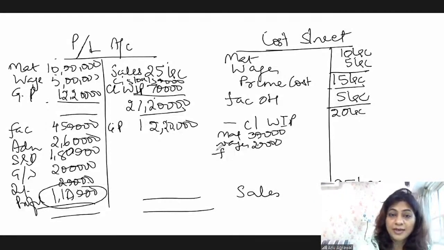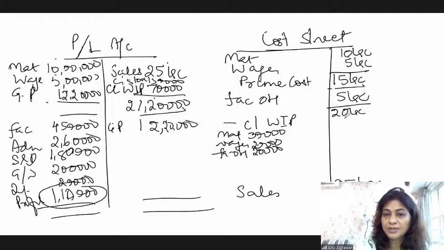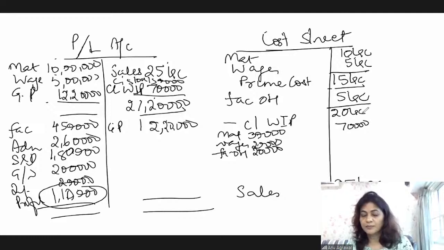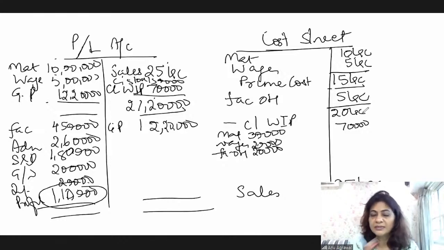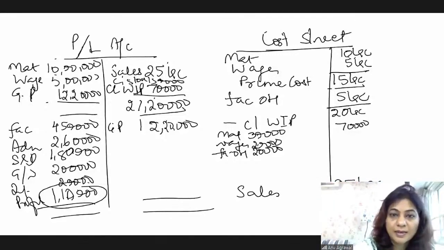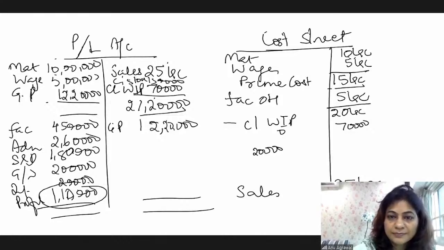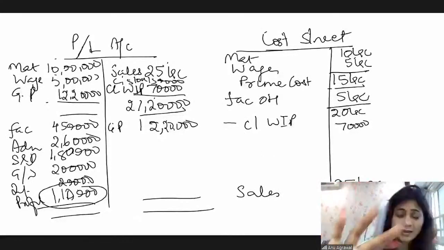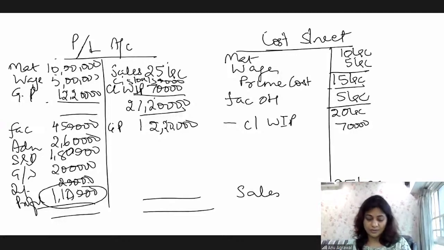I will charge overheads at 100% of wages. 100% of wages means 20,000. So technically, my closing WIP is 70,000. I hope I'm clear. Yes, 70,000 should be my closing WIP. By default, it is the same at both places, but it is not essential, right? So I hope I'm very sound and clear that in costing, I'm just following the costing rules.